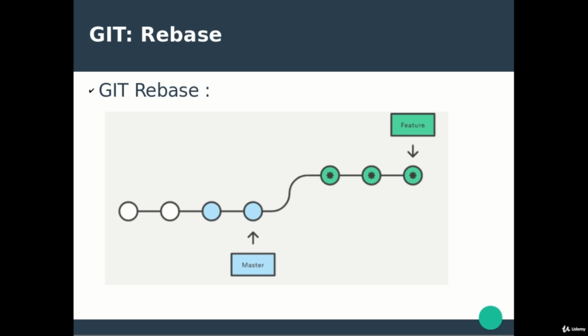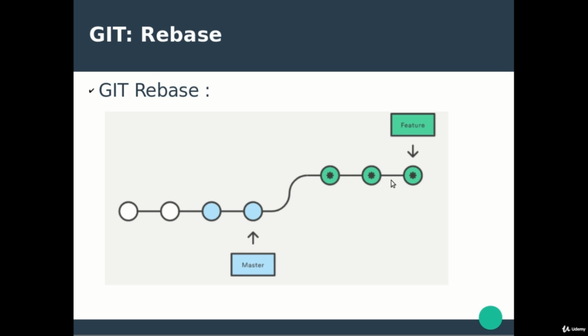It will not confuse you about which commit was done by me and which was done by Git itself. It is very transparent: these are the changes in the master and these are the changes I have done on my feature branch. That's quite simple. That's called the git rebase.